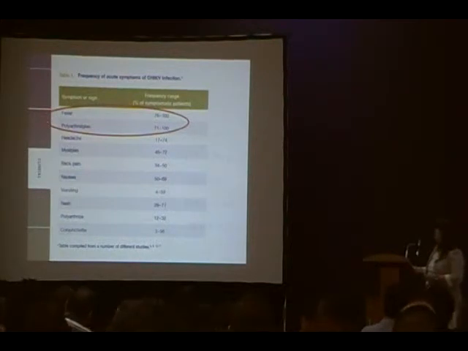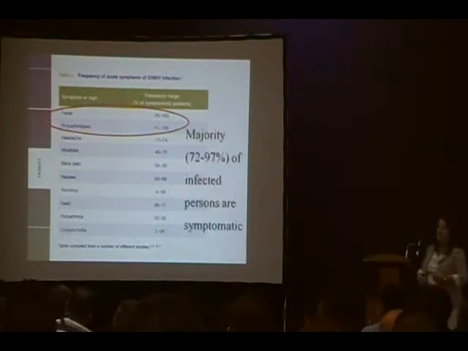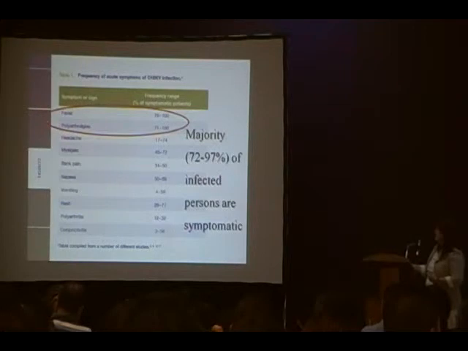And again, as I mentioned, the vast majority of patients who are infected will present with symptoms. So really what we're going to see is fever and this arthralgia. Sometimes there are other things, myalgias, headaches, a rash is noted depending on the population. So a variety of symptoms, but this is mostly what we're going to see.